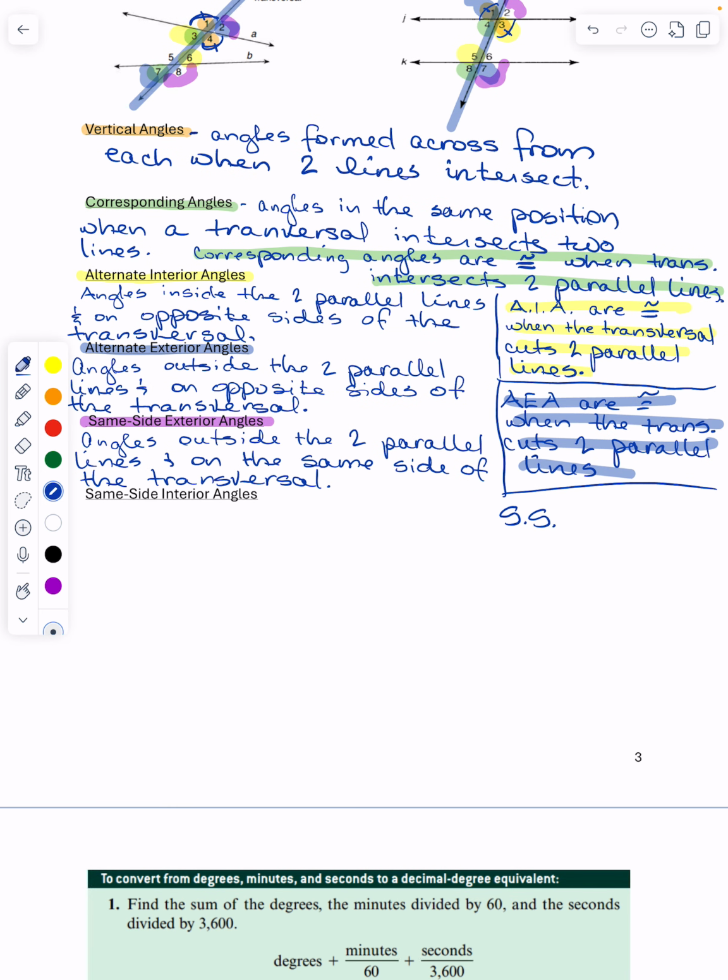Same side exterior angles are supplementary, so they add to 180. And I know I'm going through this quick.